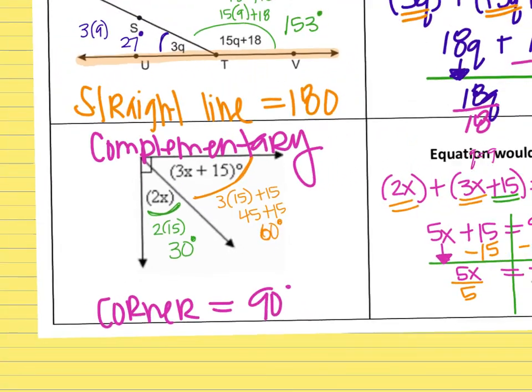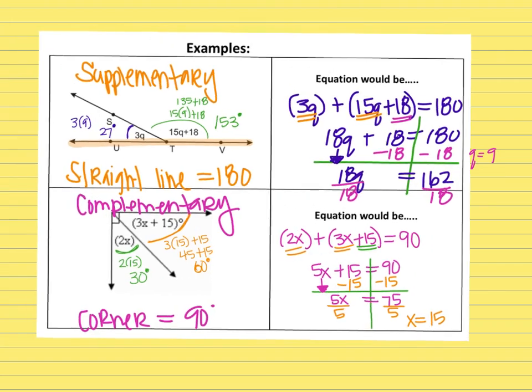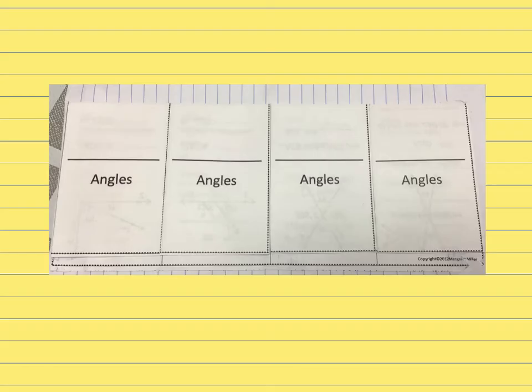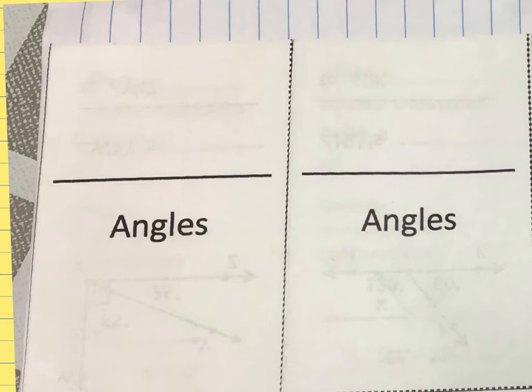So then I'll just put this back in perspective. Okay, the last thing we're going to do is just look real quick at this foldable. The tabs: this first flap is going to be complementary.